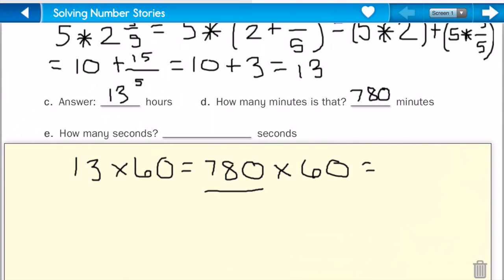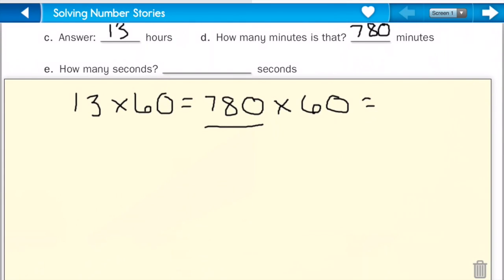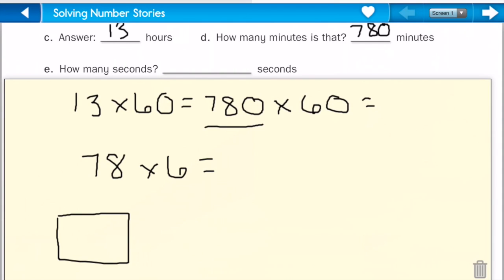So we can use our 0 as our hero trick here again. We can multiply 78 times 6, and then we'll just add our zeros at the end. So I'm going to set up a lattice box to do that. Multiply it times 6.